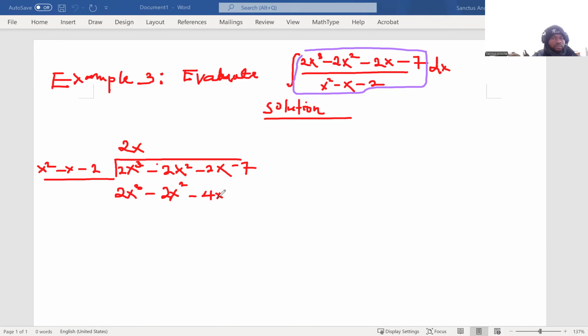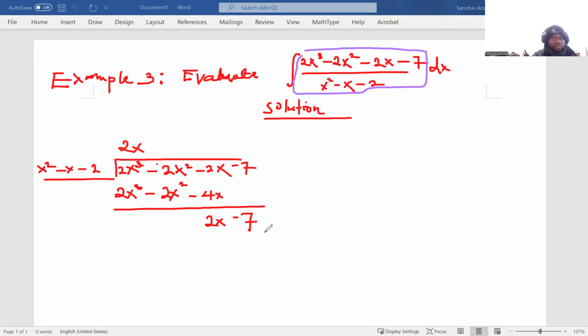Okay. Then we're going to subtract. We bring down minus 7. Minus 2x minus this, that is 2x. So minus this is 0, this minus that is 0. So we're left with this.